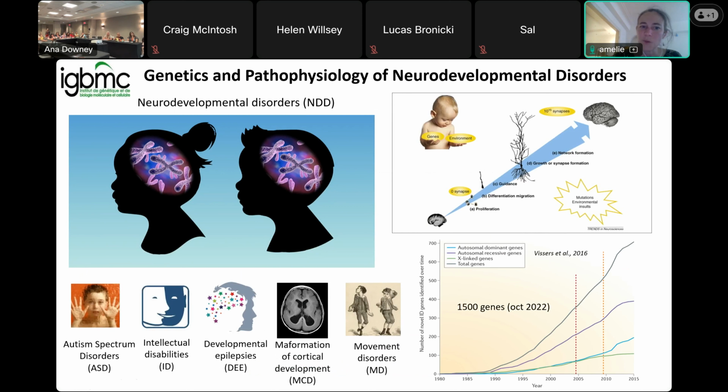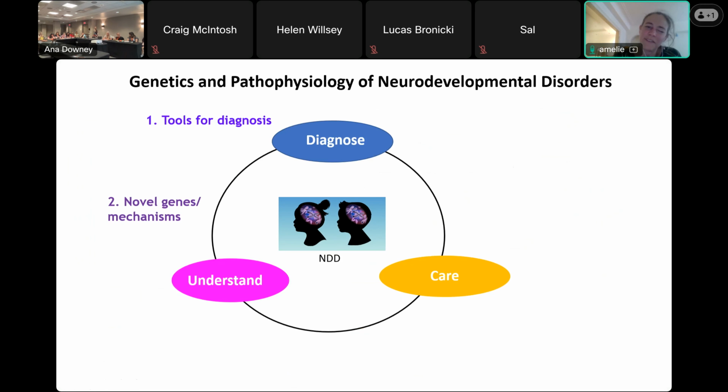In the first screen we did, we identified several mutations in DYRK1A in different individuals, and that's why we began to be interested in this gene. In the lab, we are trying to develop novel tools for genetic diagnosis, but also to identify novel genes. We also collaborate a lot with clinical geneticists and child neurologists to understand genotype-phenotype correlations better, and to do more clinical characterization for some of the neurodevelopmental disorders.